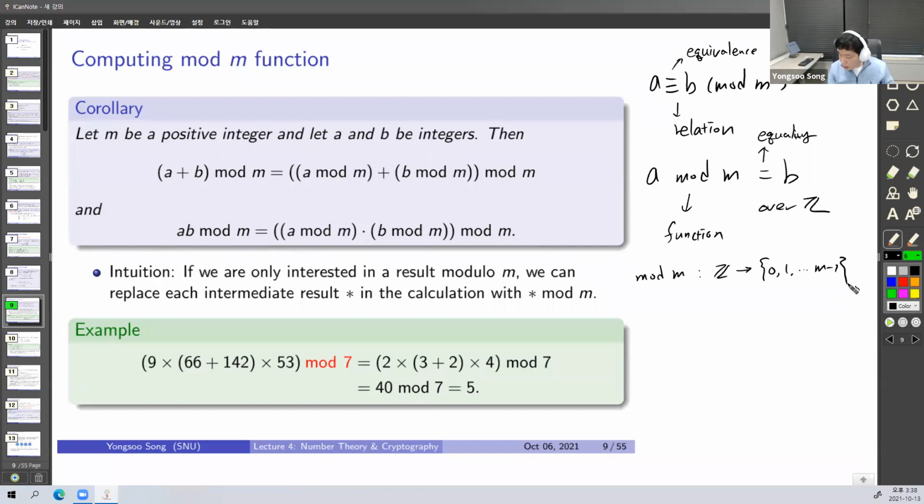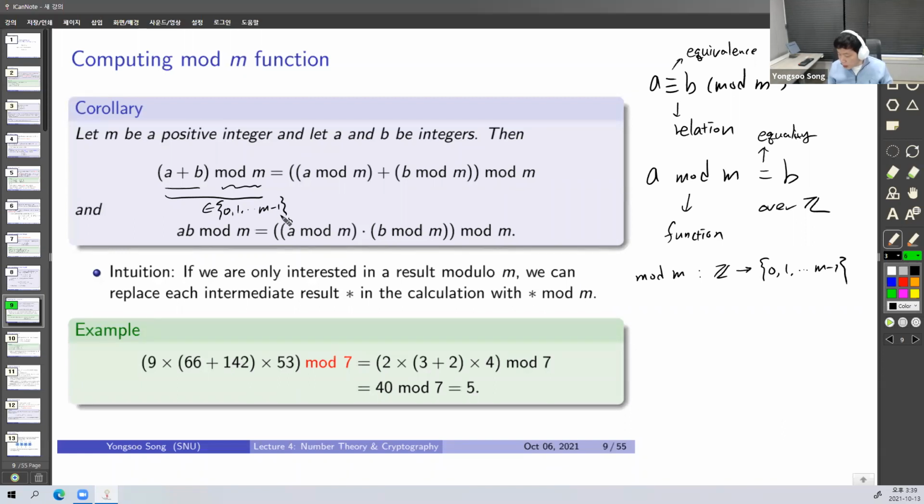So when you understand this corollary, this is an addition between integers, but this is a modulo m function. So this result is an integer between 0 and m minus 1, and the same applies to the right hand side.